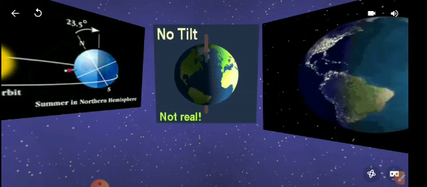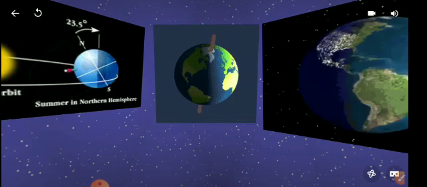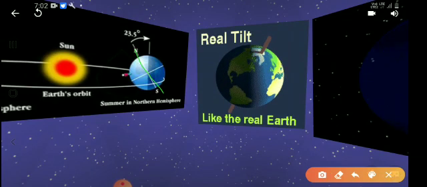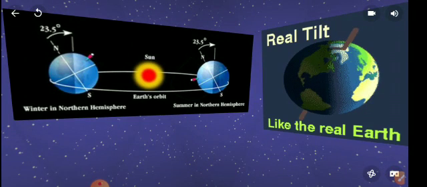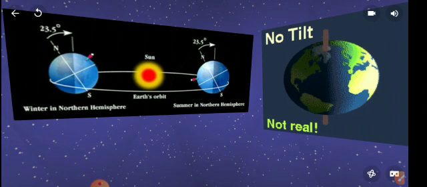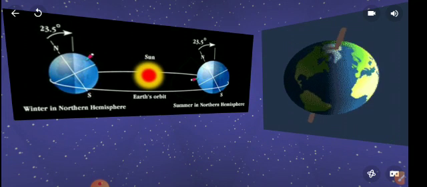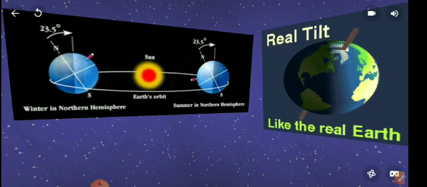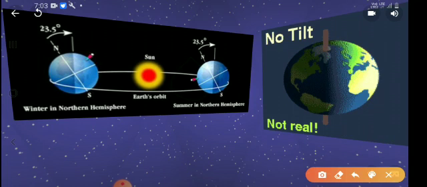Let me tell you another concept: the axis of the earth. What is an axis actually? You can see a line here. It is just an imaginary line. You cannot find an axis actually existing in the earth. It makes an angle of 66.5 degrees, and you can see here 23.5 degrees.